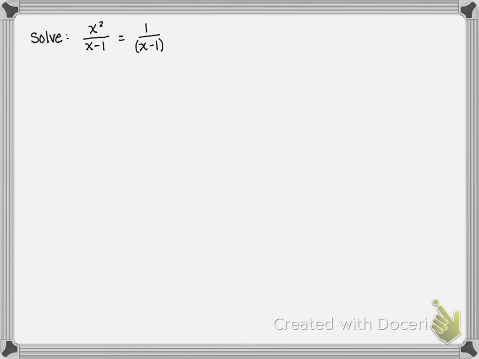Just like we've been doing, if there's addition or subtraction, we're going to put that in parentheses. If we go along with the same theme that we've been using to solve equations containing fractions, how would I clear fractions here?